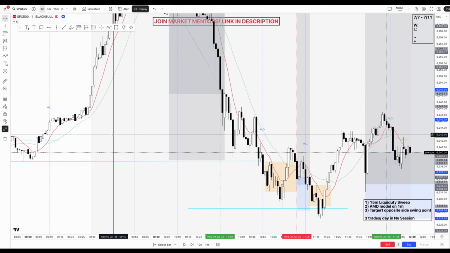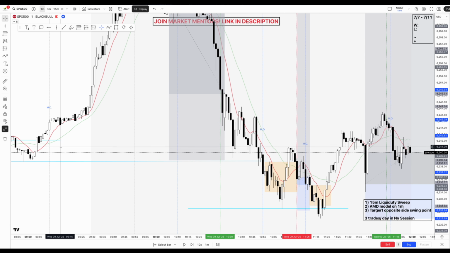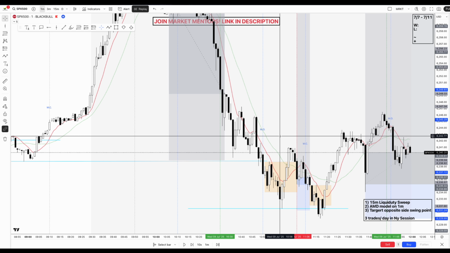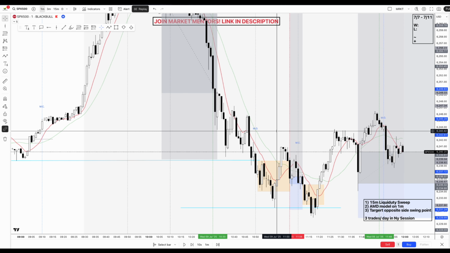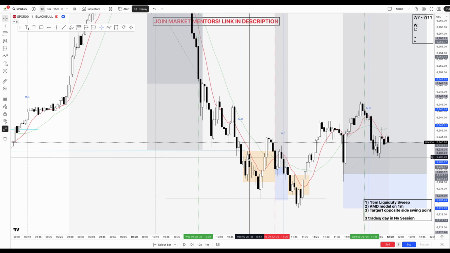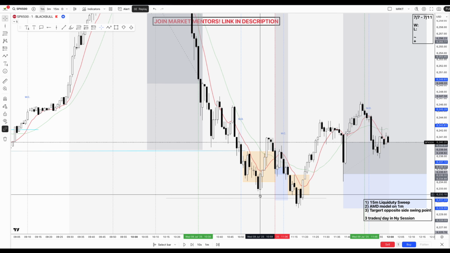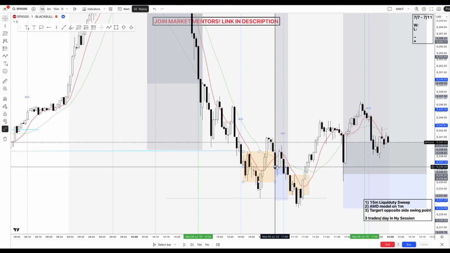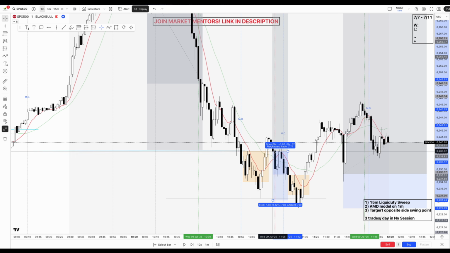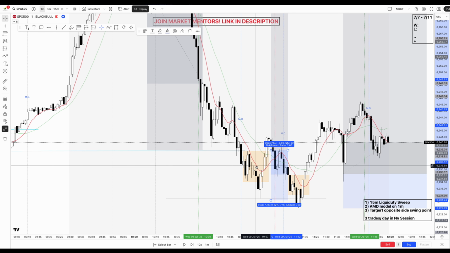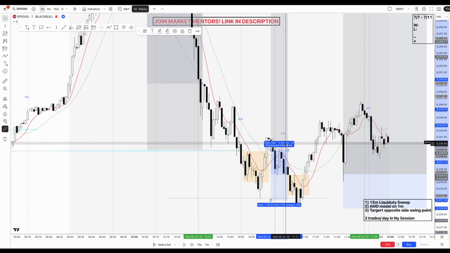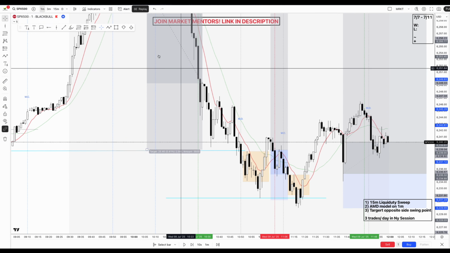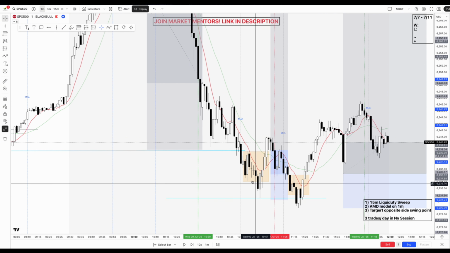Then once this sell-side liquidity is swept from the 15-minute, next we're looking for buys. And you'll see you get another AMD model here. This accumulation, manipulates to the downside, distributes to the upside. Enter at this imbalance that broke this. This is off a little bit. You'd want to enter up here because this is the imbalance that broke the accumulation zone, and that ended up being a valid loss, but that's okay. Then it sweeps more liquidity here in the 15-minute.